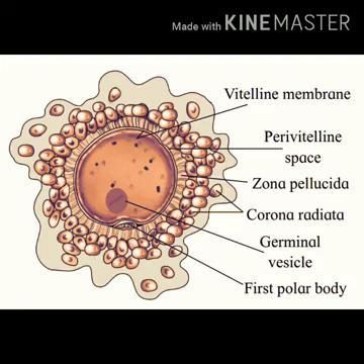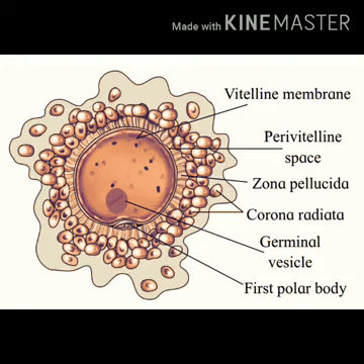As we know the structure of Graafian follicle, nearly the same structure is there in the unfertilized egg or ovum. The structure of secondary oocyte shows the egg membrane, which is called vitelline membrane.